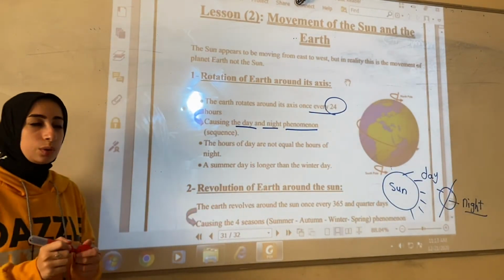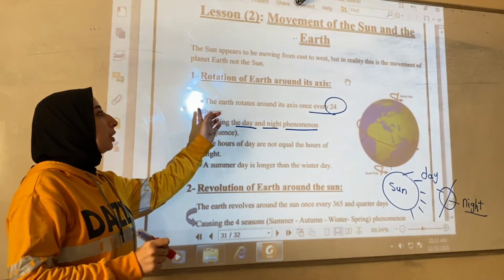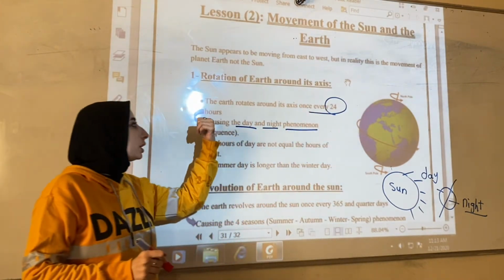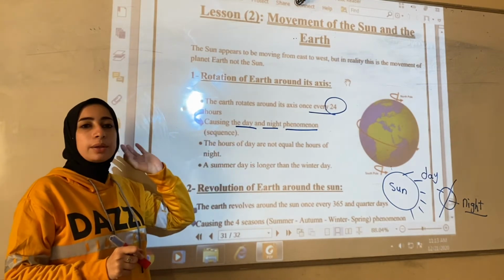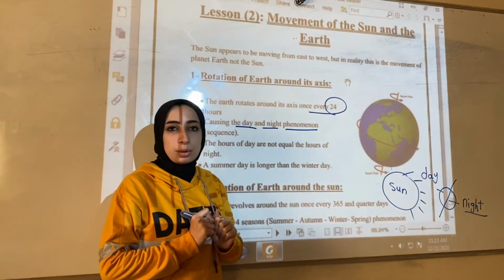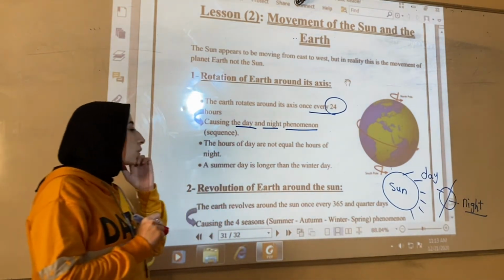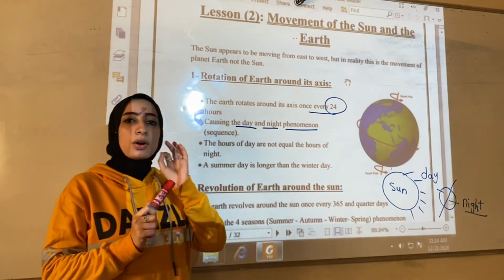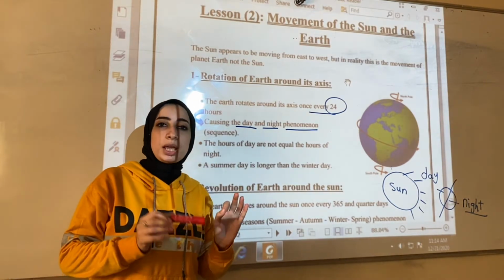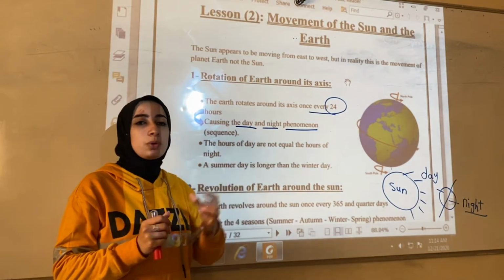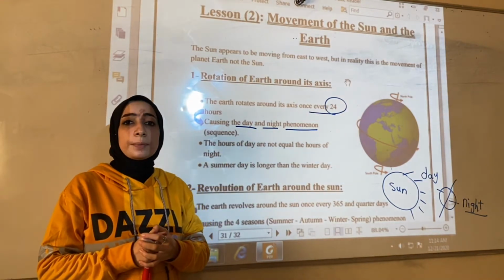Okay, so again, the Earth rotates around its axis once every 24 hours, causing an important phenomenon, day and night phenomenon, okay, or sequence, okay? Are the hours of the day equal to the hours of night? For example, we have 24 hours, okay?